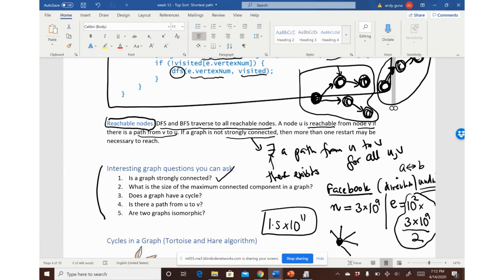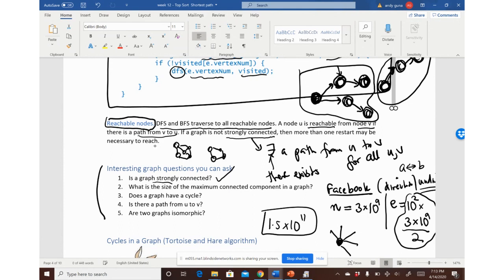If I take 2 random people, I can find a friendship path, even if I may not know anything about that other person anywhere in the world. But it's possible that there are strongly connected subcomponents of Facebook, so these clusters exist.